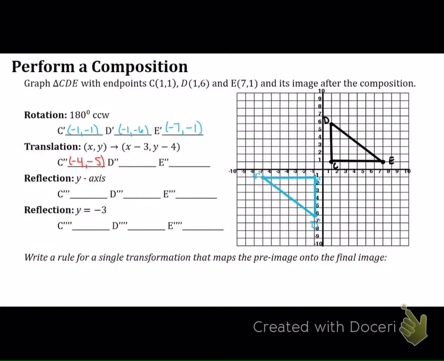Get rid of all of them, or just that one's fine. Morgan, how about D? Hunter, E. Negative 10, 5, negative 5.